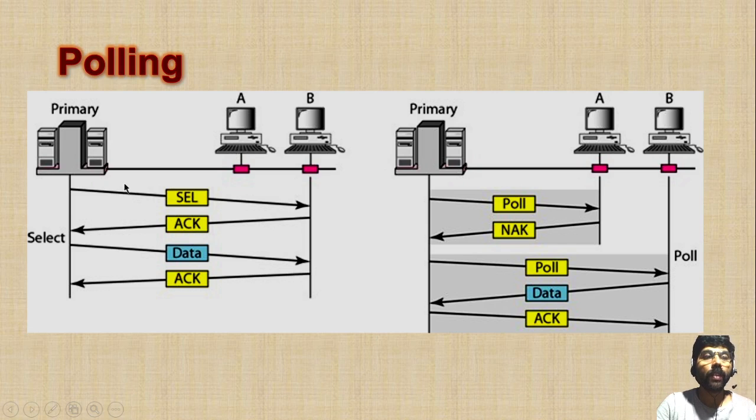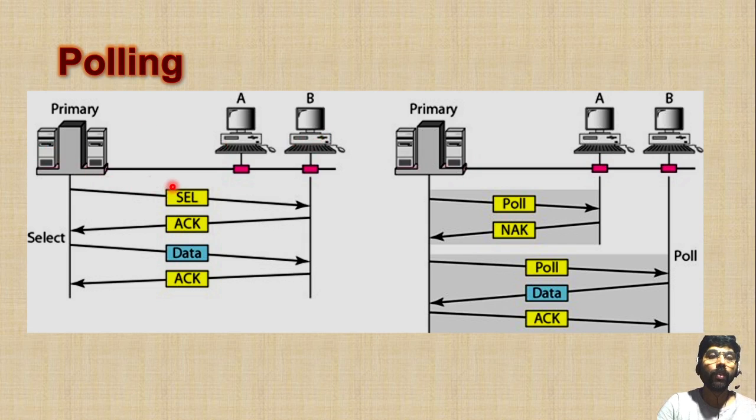The only concern of the primary station is, if it sends some data to the destination, whether it is reaching the destination or not, that is the problem with the primary station.